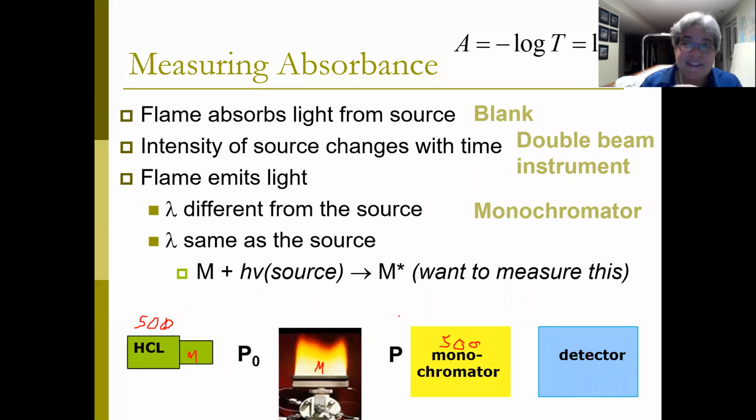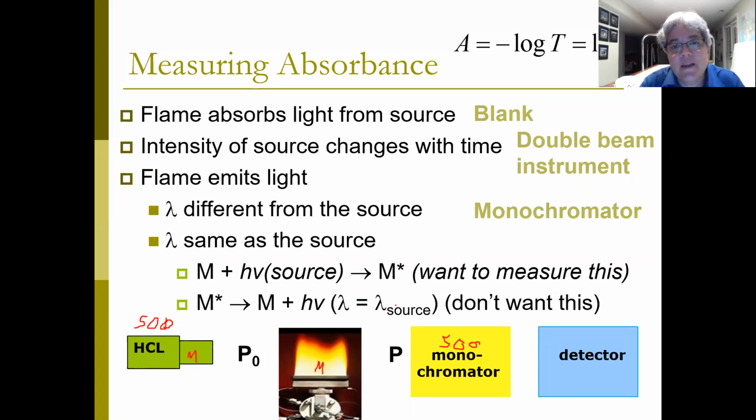But this excited M, what is it going to do? It's excited. It's going back to the ground state. And when it goes back to the ground state, it emits light. And what light does it emit? That same 500.